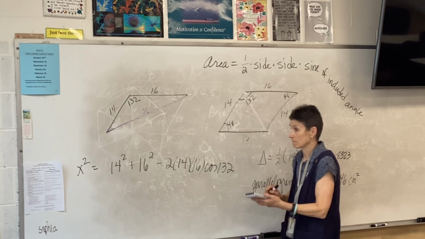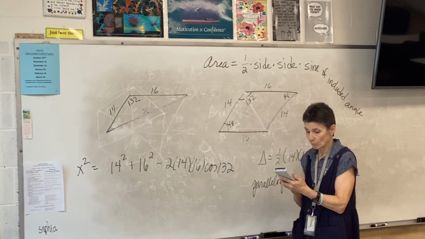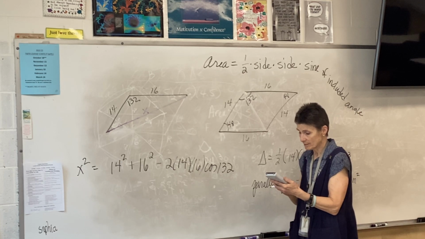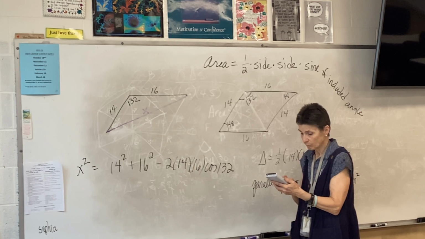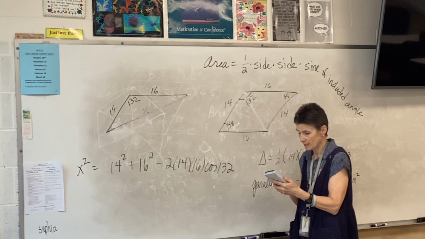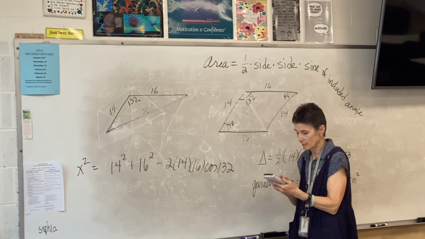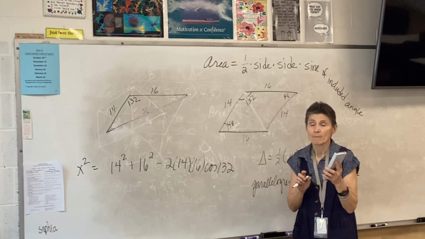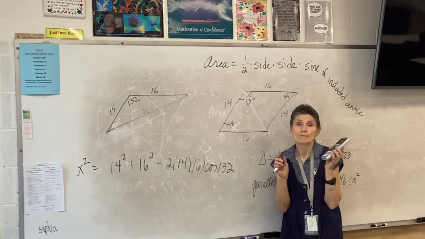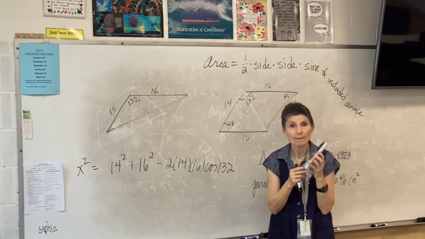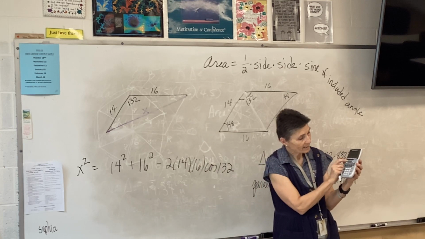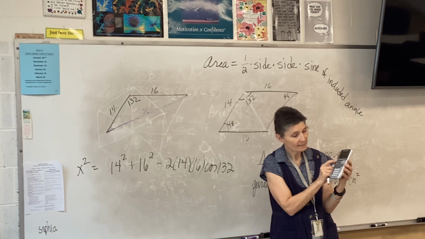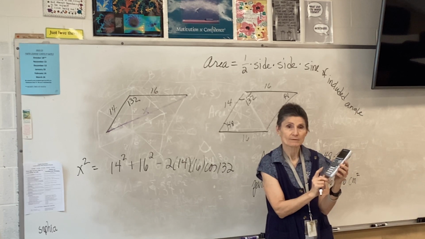So I'll type it in: 14 squared plus 16 squared minus 2 times 14 times 16 times cosine 132 equals, and then square root it. Remember, those of you that have the old calculators that don't copy and paste, use second square root, second answer.